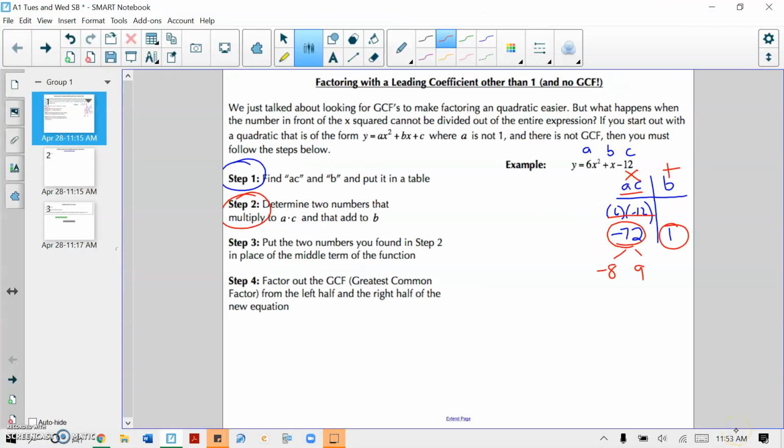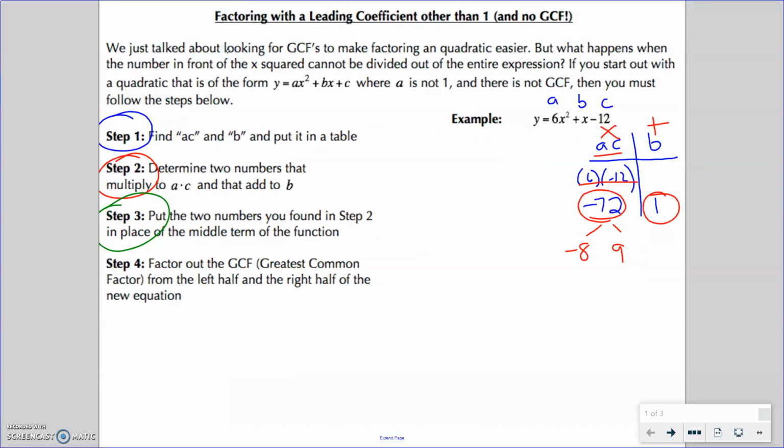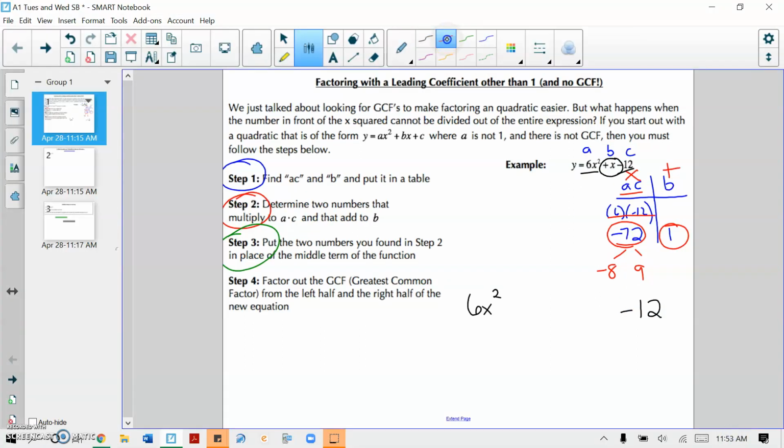Step 3, okay? Put the two numbers you found in step 2 in place of the middle term of the function. So here's what I mean by that. Usually what I'll do is I'll copy the 6x squared, that's in the front, and then I'll copy the -12. And then in place of this plus 1x, I'm going to put the -8x plus 9x that we just got right here.